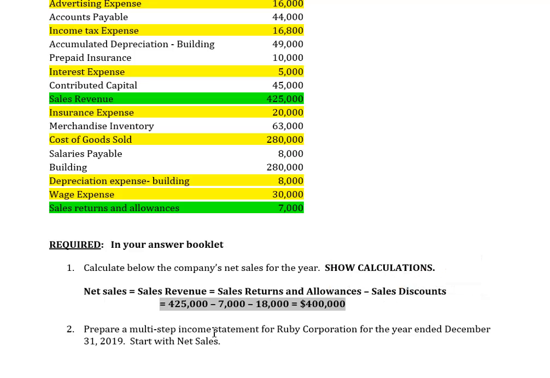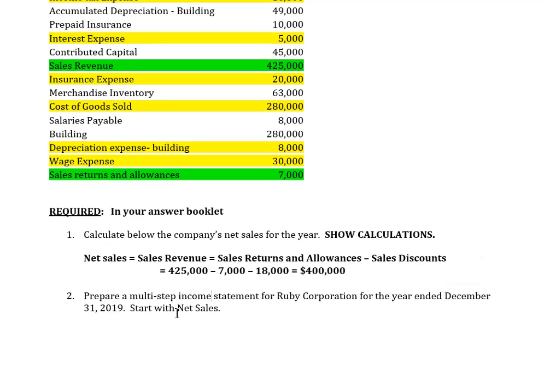Now we want you to prepare a multi-step income statement beginning with the number you calculated in Part 1, net sales. You remember when we discussed this, we said when you start your income statement with net sales, that means that you're doing it for the external users of your statements, not internal. If you were doing an income statement for internal purposes, you would show your discounts, you would show your returns and allowances.